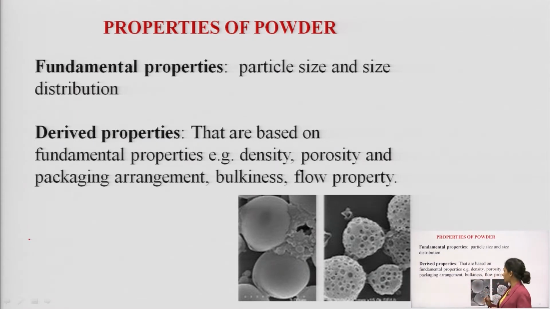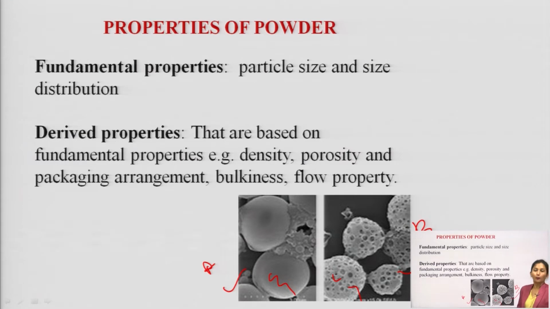As you see in this image, A and B, what is the difference between these two images? This is a somewhat symmetrical powder particle, this is also somewhat symmetrical, but this particle is non-porous and these are porous particles.